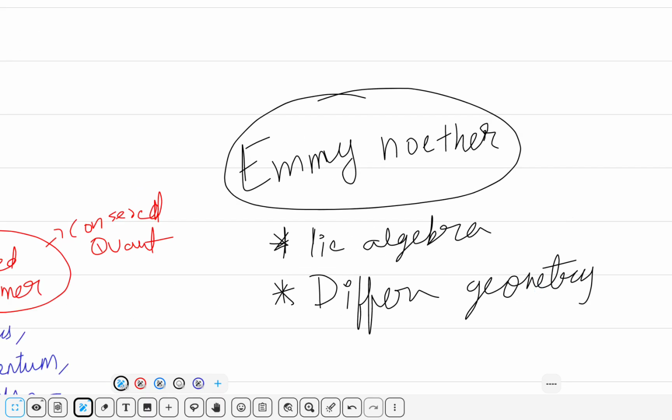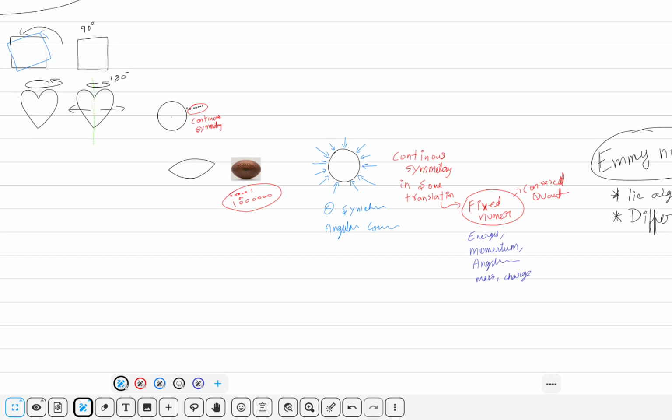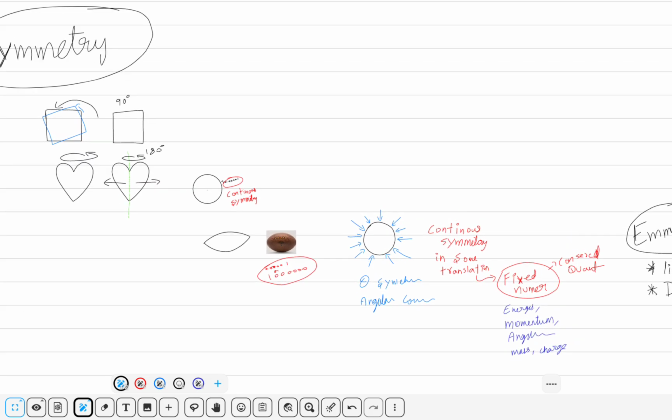So this is a really amazing concept: if you have a symmetry you will get some conserved quantity, and the opposite should also be true, that if you are getting some conserved quantity, there must be some translation which is not changing anything. What translation that is, is a different question.